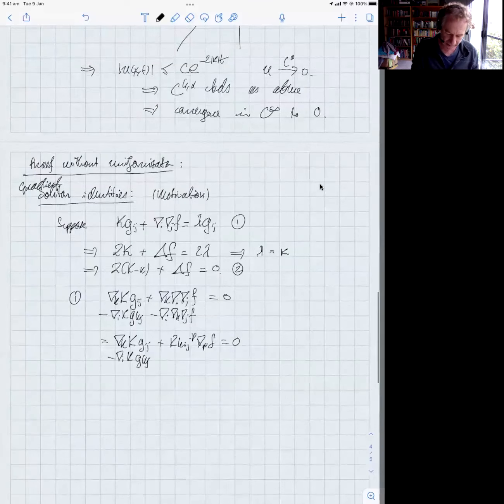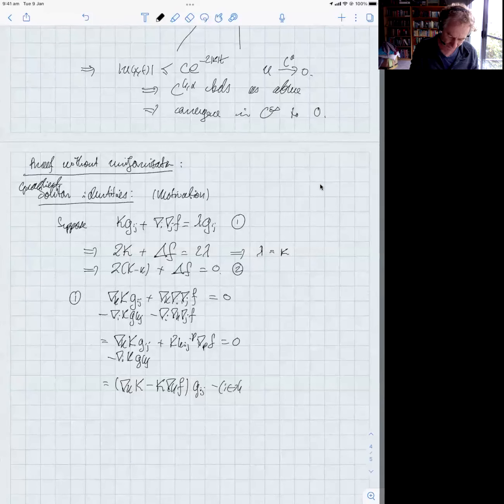But in the two-dimensional case, this is just Gauss curvature times metric terms. So I get gradient k Gauss curvature minus Gauss curvature times gradient k f times g_ij, and then minus the same thing with i and k interchanged.